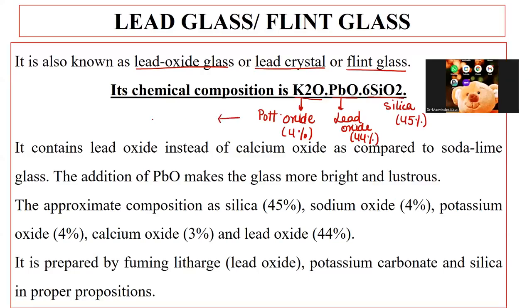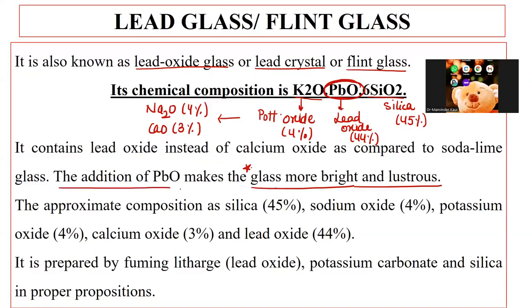Apart from these three, sodium oxide is present at 4% and calcium oxide at 3% in the composition. Due to the presence of PbO, this glass is more bright and more lustrous as compared to soda lime glass.